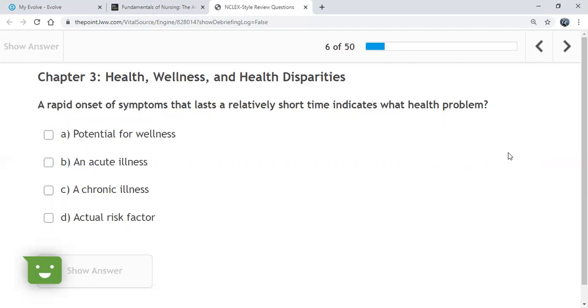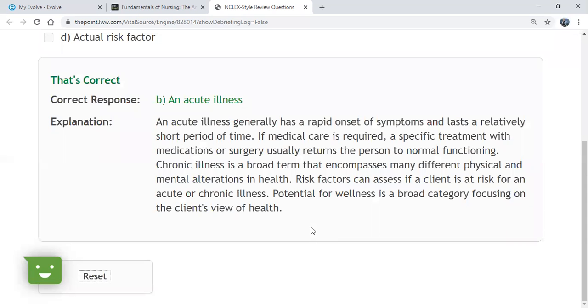We did this one. Let's see how many remember what it was. B, acute illness. All right, so acute illness is going to have that rapid onset and last for a short period of time. Now, acute illness versus chronic illness.